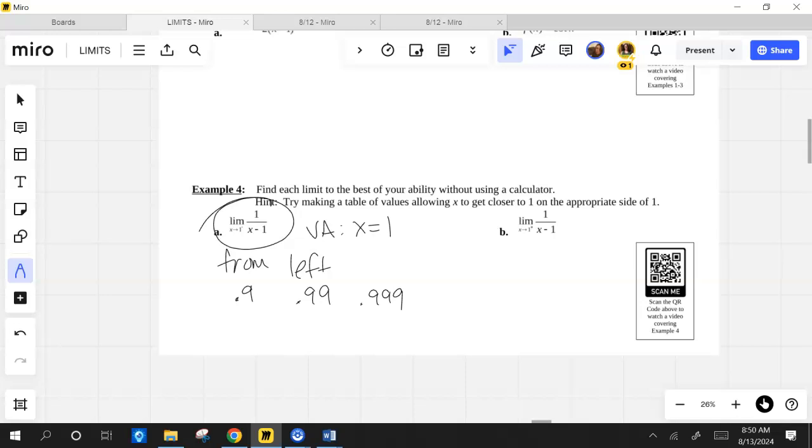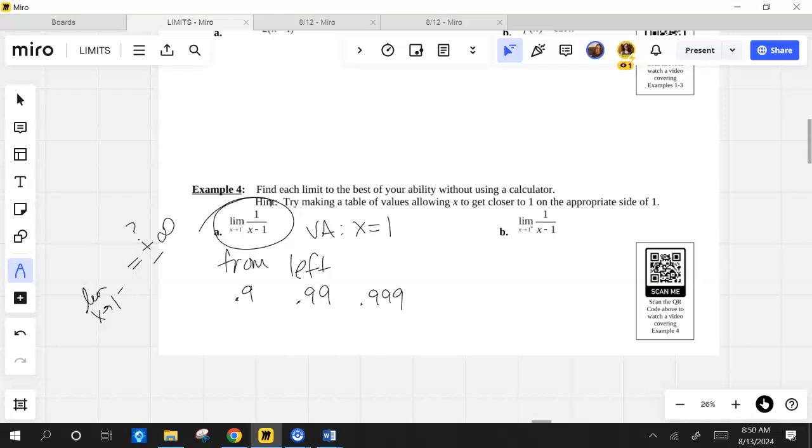All I really need to know, because I know it's a vertical asymptote, is that the limit as I approach is either going to be plus or negative infinity. I just have to decide which one. So if I plug in any of these values, am I going to get a positive or a negative number?